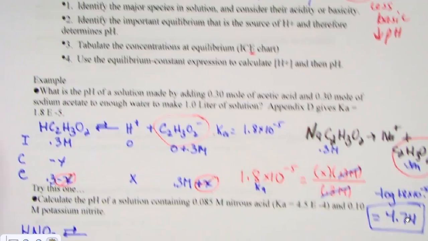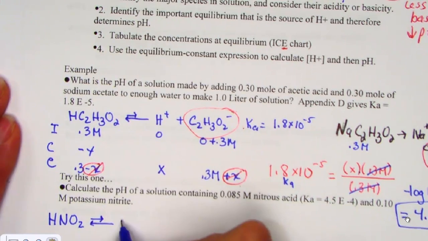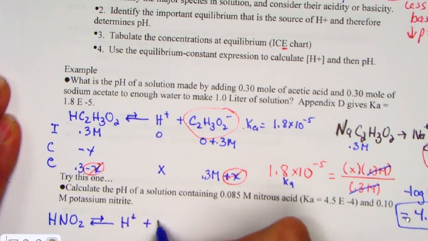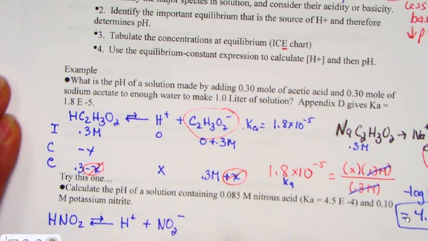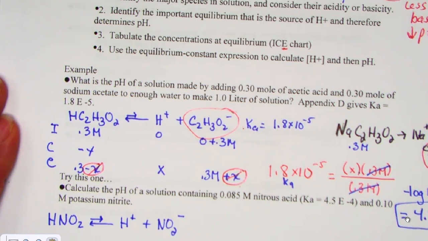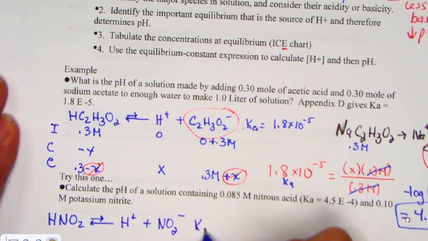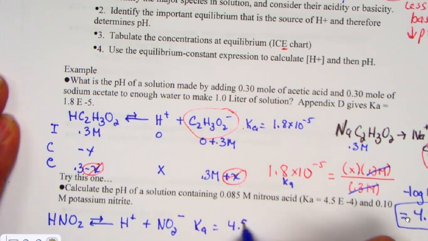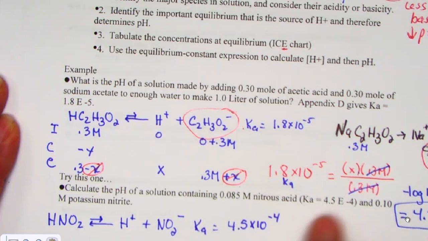The very definition of weak says it's going to set up an equilibrium. And when it does so, we get the two ions, the conjugate acid hydrogen ion and its conjugate base nitrite. It has a Ka value of 4.5 times 10 to the negative fifth. Oh, excuse me, I'll repair that right now, to the negative fourth power.